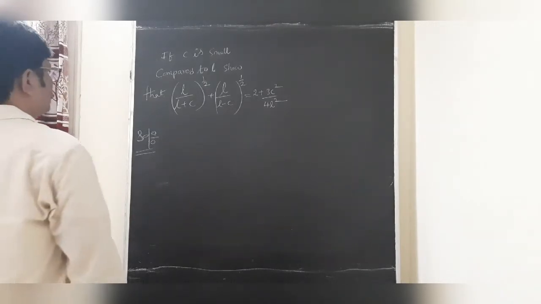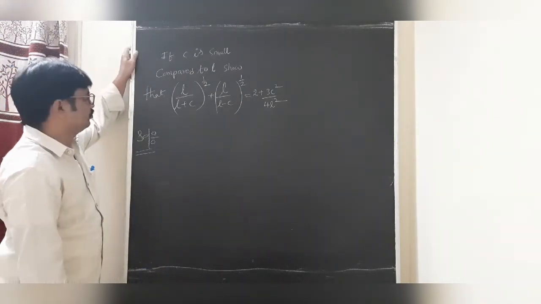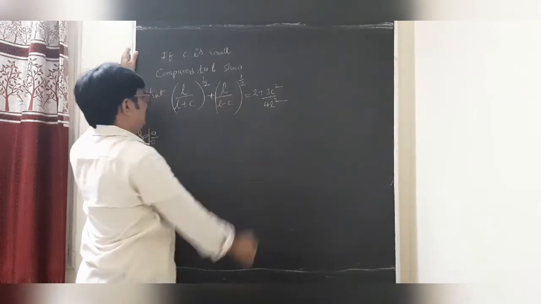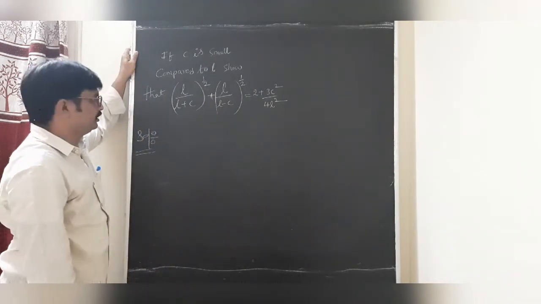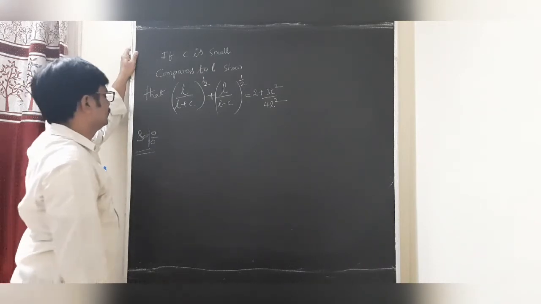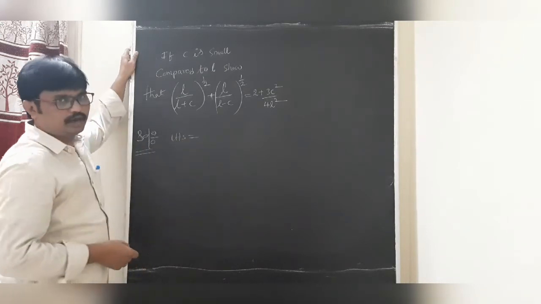Dear students, if C is small compared to L, then L by (L plus C) whole power 1 by 2 plus L by (L minus C) whole power 1 by 2 is 2 plus 3C square by 4L square. Dear student, the left hand side, C is small.